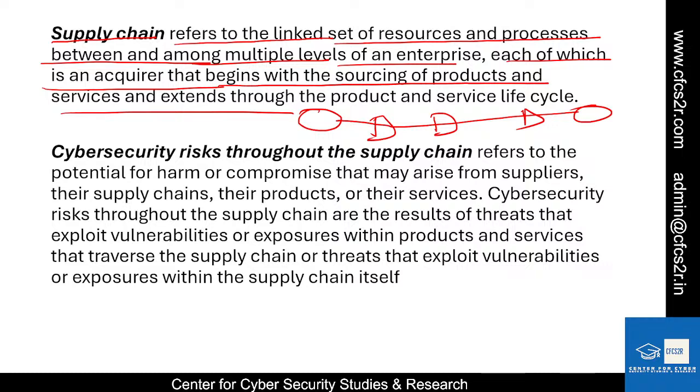Okay. Then cybersecurity risk throughout the supply chain is a very important part, because whenever we are working with cybersecurity components, there is always a risk that the cybersecurity may be breached, because a cybersecurity breach is something you cannot prejudge.